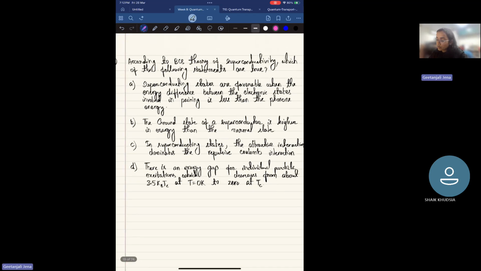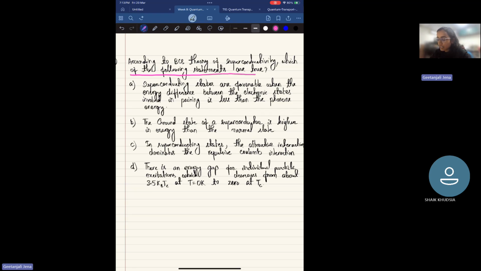According to BCS theory of superconductivity, which of the following statements are true? Option A, superconducting states are favorable when the energy difference between the electronic states involved in pairing is less than the phonon energy. Option B, the ground state of a superconductor is higher in energy than the normal state.